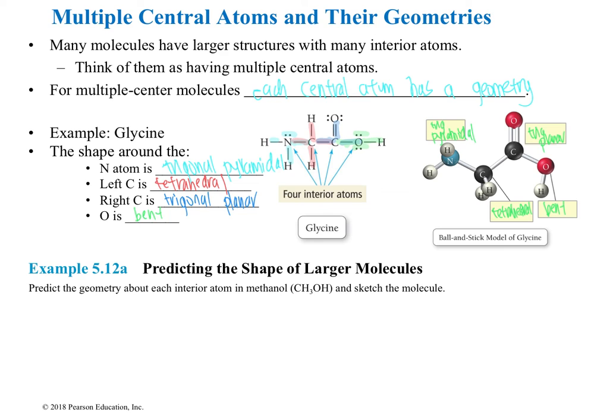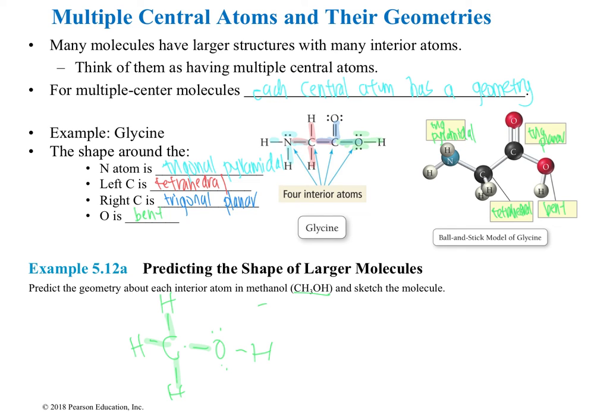So if I have methanol, I'm just going to draw it for you. We're going to predict the geometries. So we have CH3OH. You can check me. I know it's right. So for this carbon, we have 1, 2, 3, 4 things, 4 electron groups.